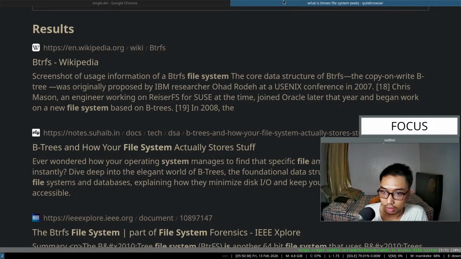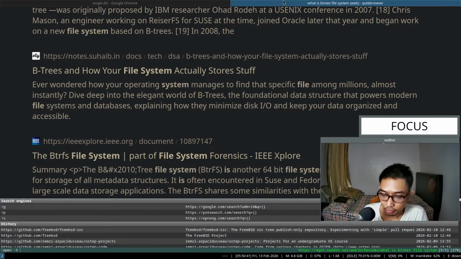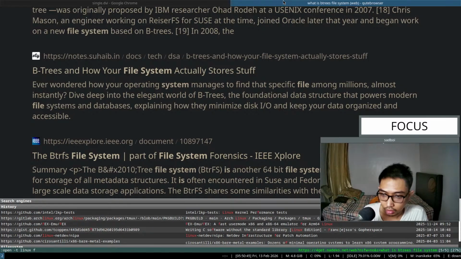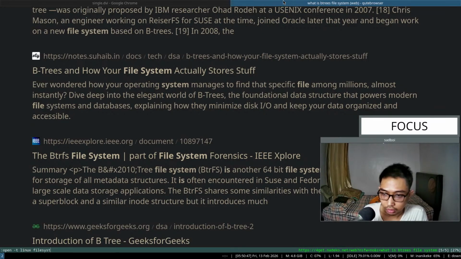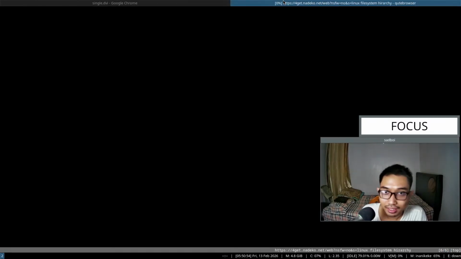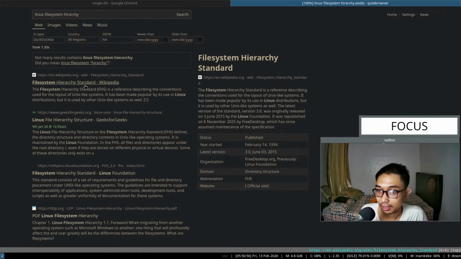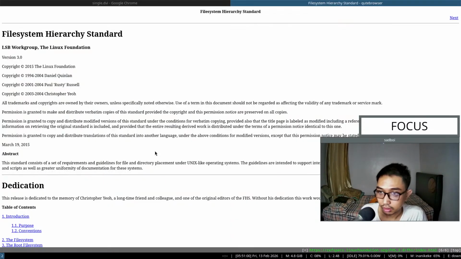Oh, there is no entry, okay. File system hierarchy. If I can type correctly, I think this one.